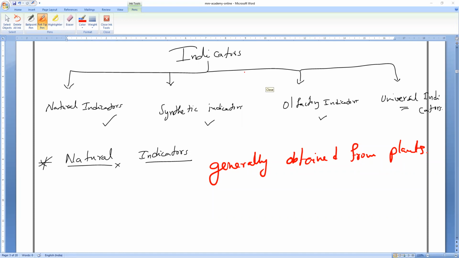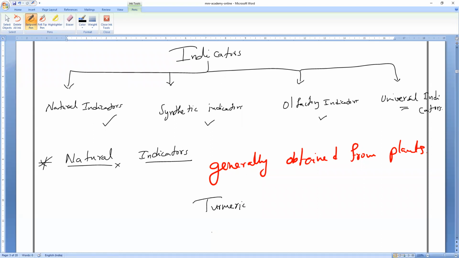Of course, very good, Vijay. China rose, which we call hibiscus. So if you have noticed, we have many daily life natural indicators which are obtained from plants. Mainly in our life, we come across turmeric.